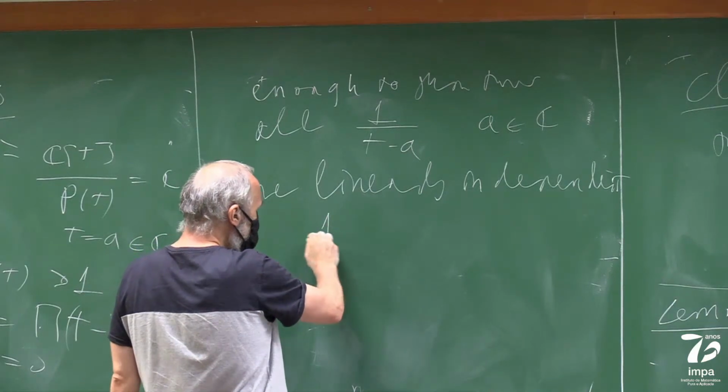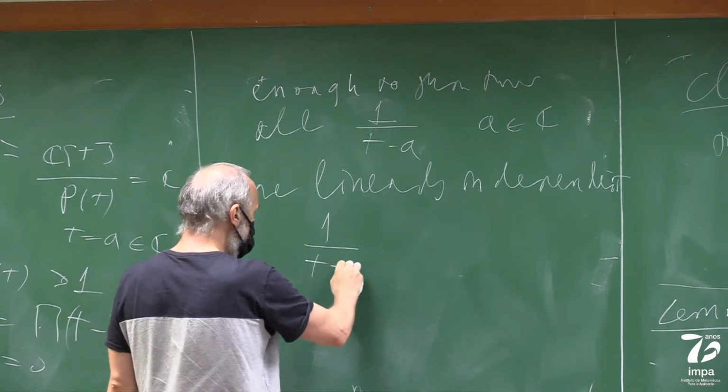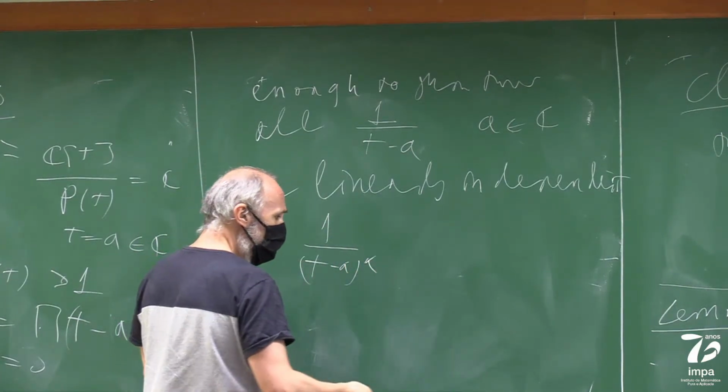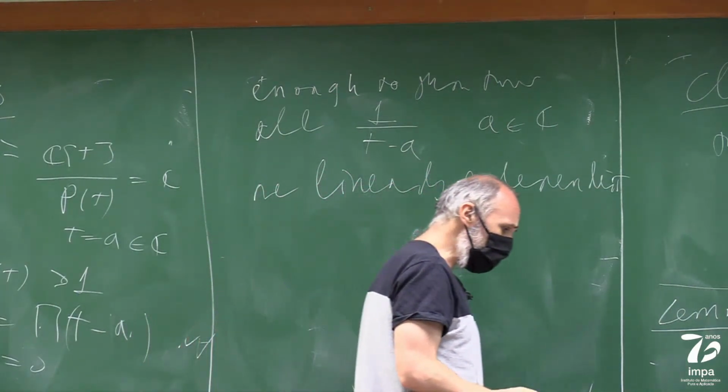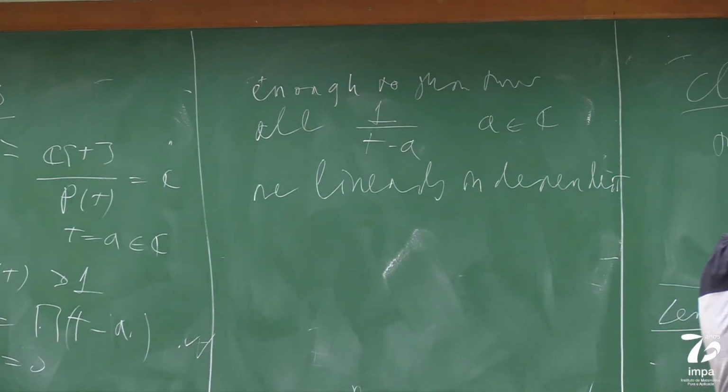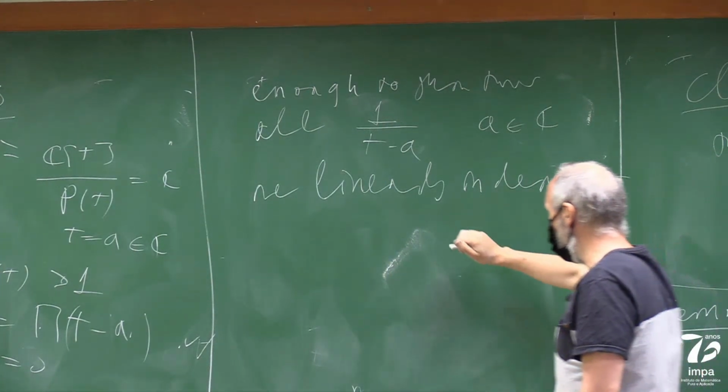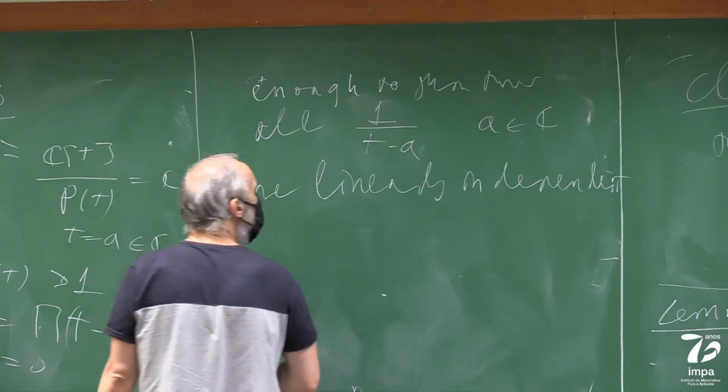To make it a basis, you just need to add things like (t minus a) to the power k. And then it becomes a basis. But we don't care if it is a basis or not, because we already have an upper estimate, and this gives a lower estimate on the cardinality of a basis.